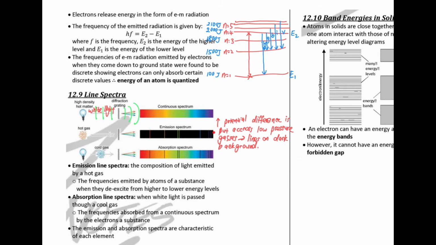It is black because it is not the white light that separates to rainbow color. It is the electron that comes down and releases a discrete value of energy, which forms one line here, let's say for example. Then if they release this different discrete value, and then they form another line, something like that.